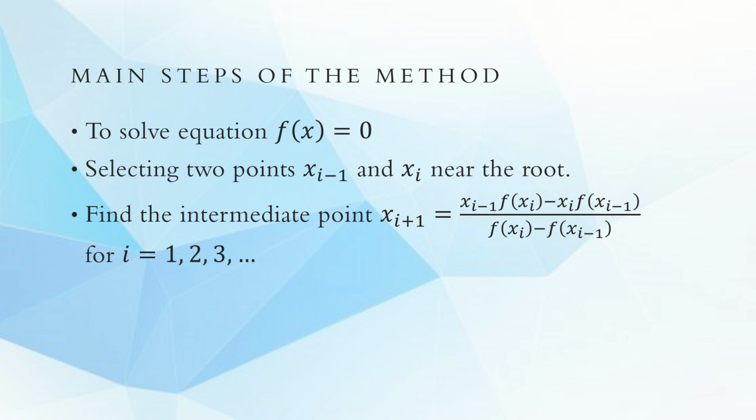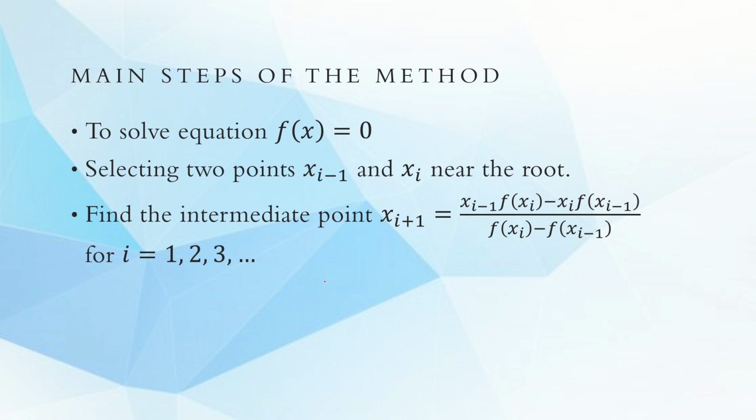You can start from 0 as well, but if you start from i is equal to 0, then initially you should know x minus 1 and x naught. But if you start from i is equal to 1, initially you should know x naught and x1, right? So let's start from i is equal to 1.